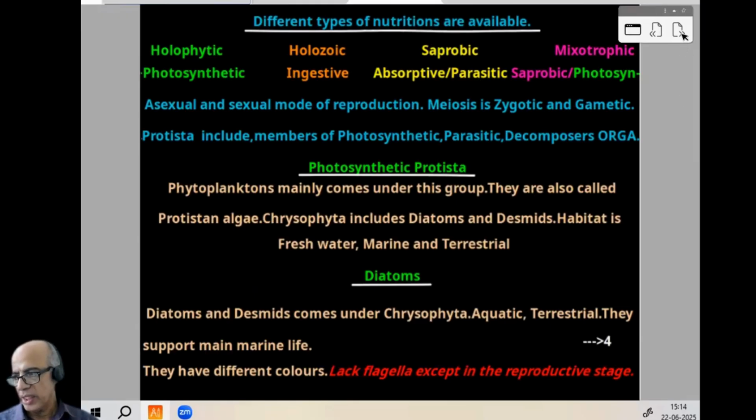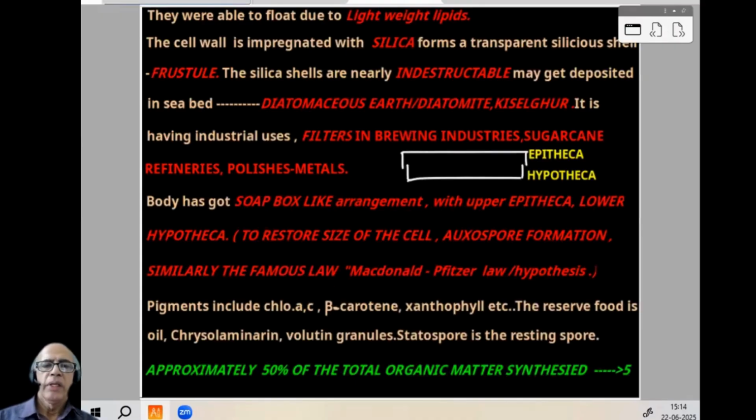I think up to that it is clear because these are our data-based areas. So memory-wise, we have to remember that's all. They are able to float due to lightweight lipids. The cell wall is impregnated with silica, forming a transparent siliceous shell, often called frustules.